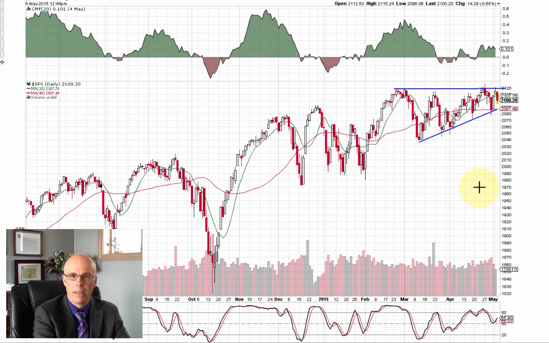So my advice would be that one would not want to trade aggressively in one direction or another as the market works its way through this consolidation period. My thoughts are wait for the breakout, whether it's to the downside or the upside, wait your 3 days, and then trade in that direction.